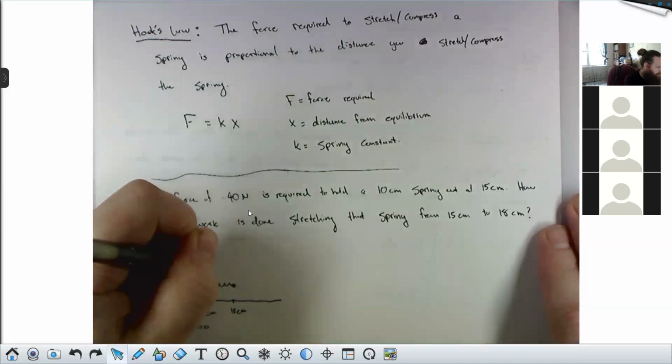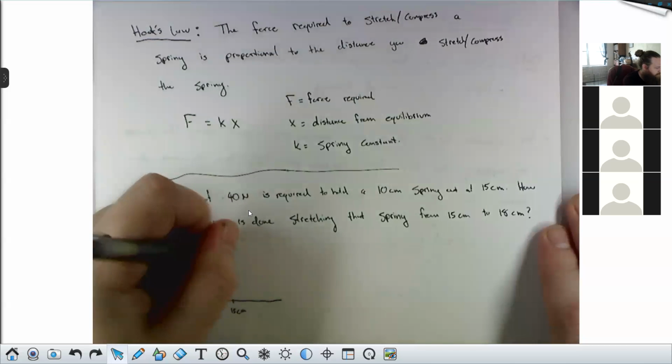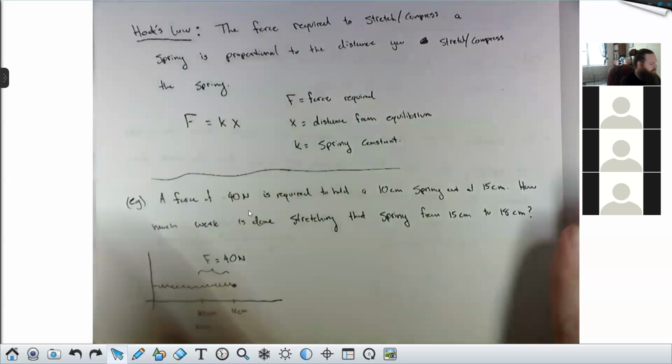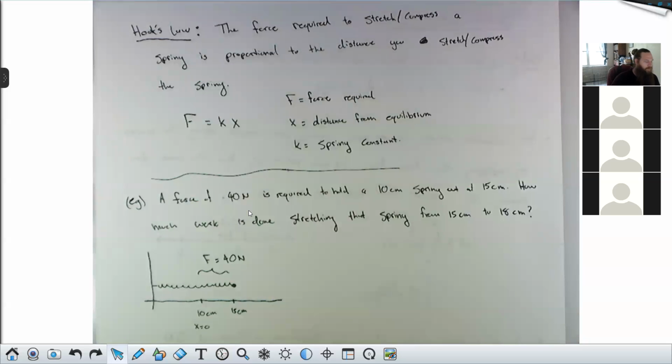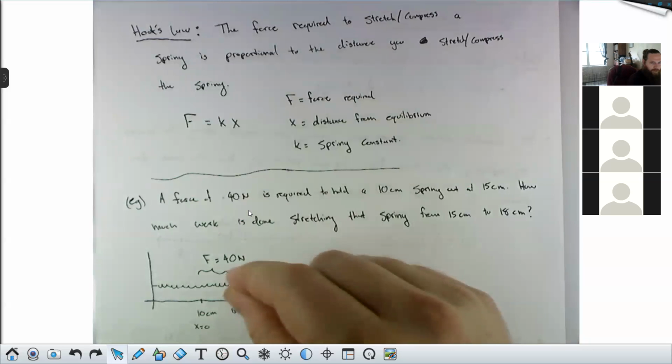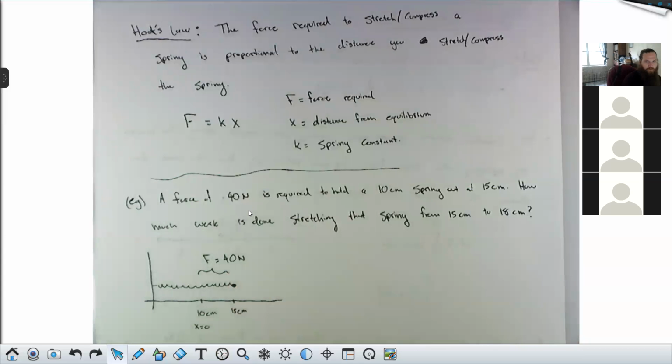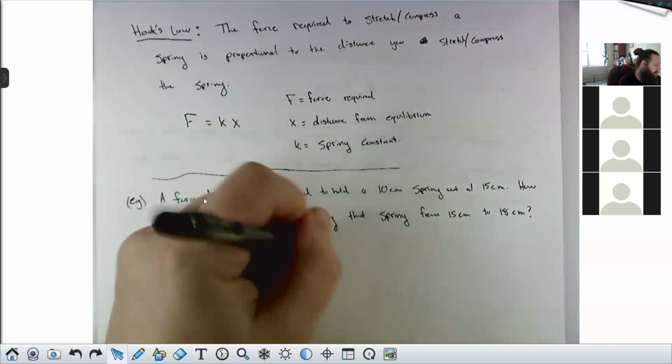So to go from here to here, the force required to hold that is 40 newtons. And we want to know how much work I have to do to continue stretching this all the way up to 18 centimeters. So first, find the spring constant.